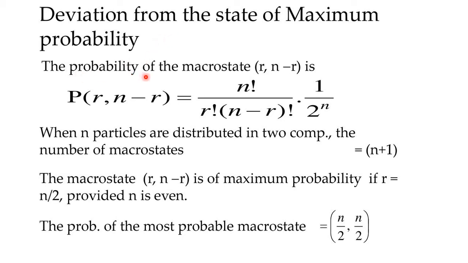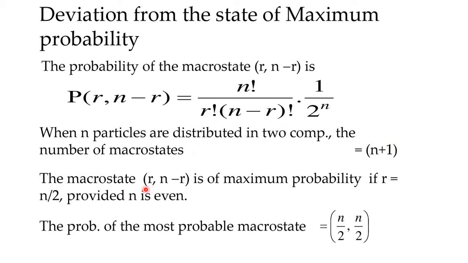We know that the probability of the macrostate (r, n minus r) is P(r, n minus r) equal to n factorial divided by r factorial into (n minus r) factorial, multiplied by 1 upon 2 raised to the power n. When n particles are distributed in two compartments, the number of macrostates is n plus 1, which we already know.